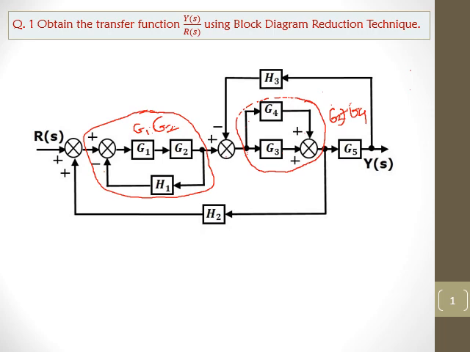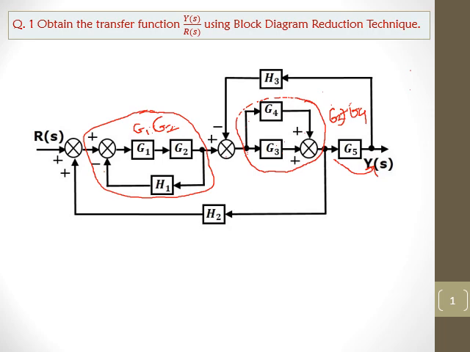Okay. Now look at this. When we reduce the block, there will be a single block. Now here one more takeoff point is there. So that takeoff point we need to shift after G5, so that this reduced block and the G5 block will be in series.